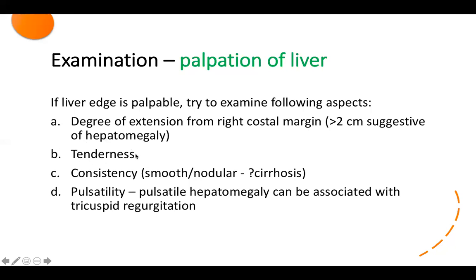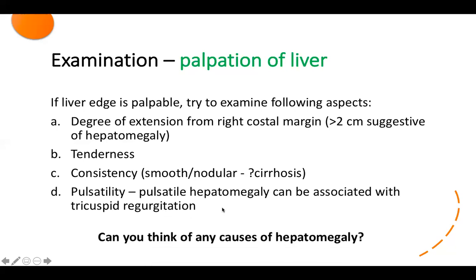You want to see if it's tender, so is there any pain when you're palpating for it? Consistency, that might be a tricky one to feel, but you can have a try and see if it's smooth or if it's nodular. If it is nodular, you're thinking something like a liver pathology like cirrhosis. And pulsatile, which would be very rare, but you always try and see, because pulsatile hepatomegaly is associated with tricuspid regurgitation. Can you guys think of any causes of hepatomegaly?